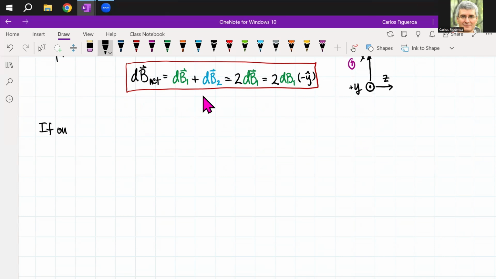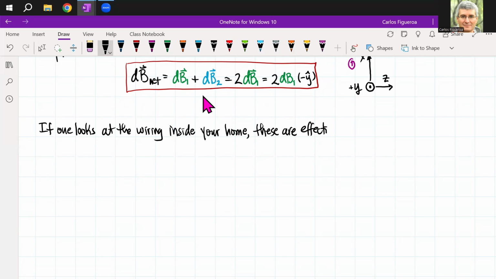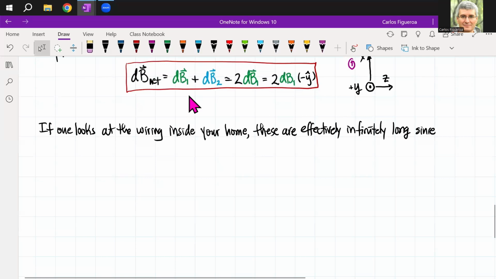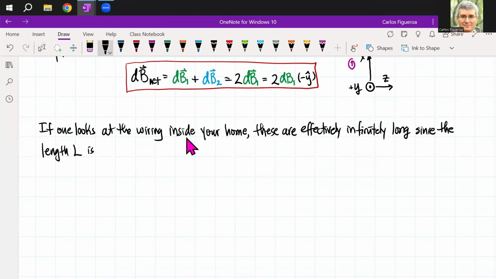If one looks at the wiring inside your home or apartment, these are effectively infinitely long, since the length L is much larger than the radius of the wire.